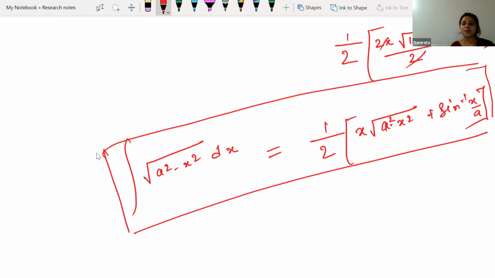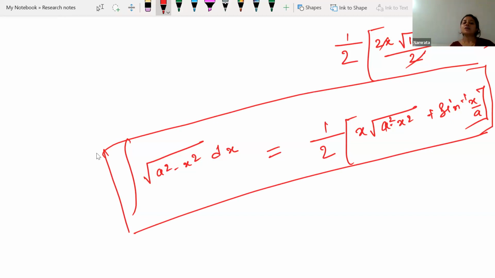Yes, ma'am. Is it known to you? Because in my NCERT, I can't see this formula. In your NCERT, is it there? We will be getting this formula by trigonometric substitution, but we don't ask students to do this much calculation.